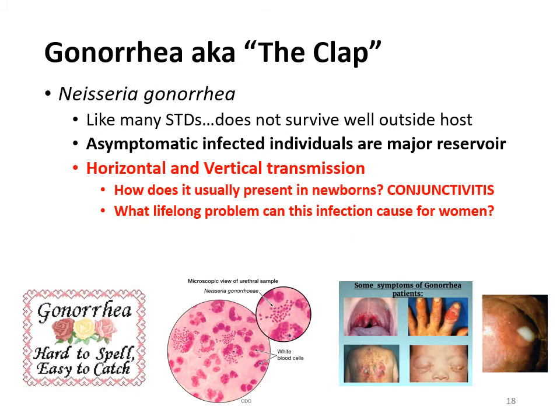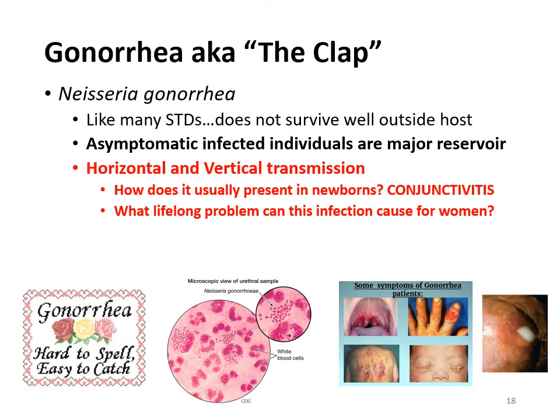The other big point that I want to make is that there is the horizontal and vertical spread, just like with syphilis. So gonorrhea can be spread through sex horizontally or vertically to babies, right? Now, when we talk about the vertical transmission, this presents two big problems for women.